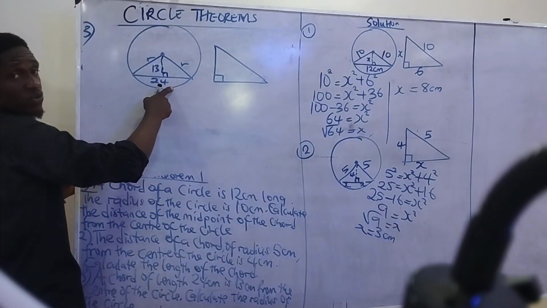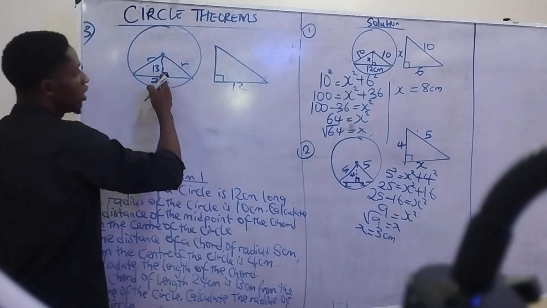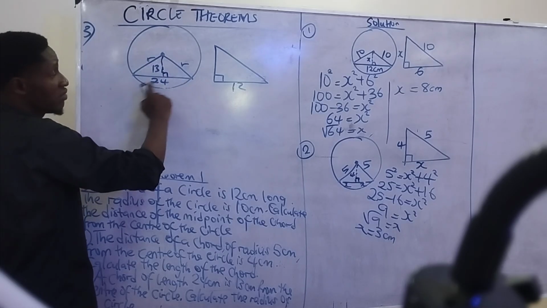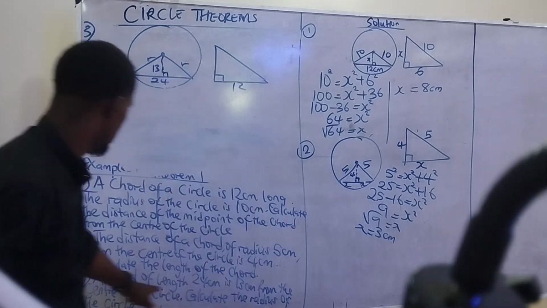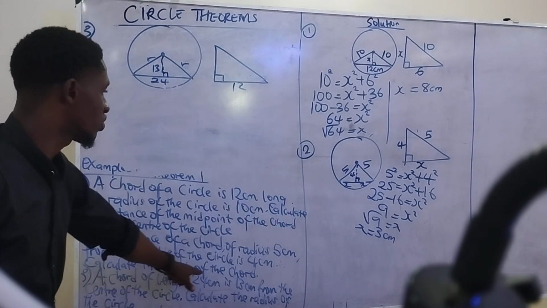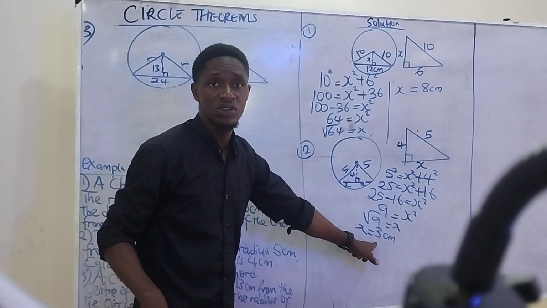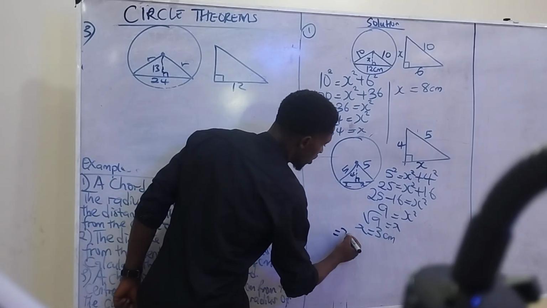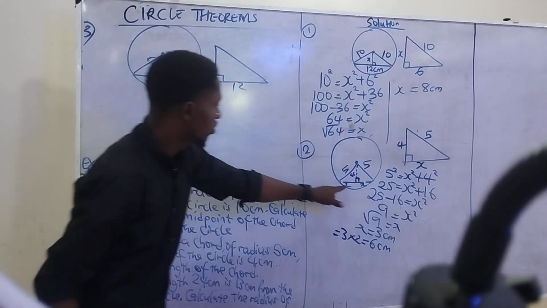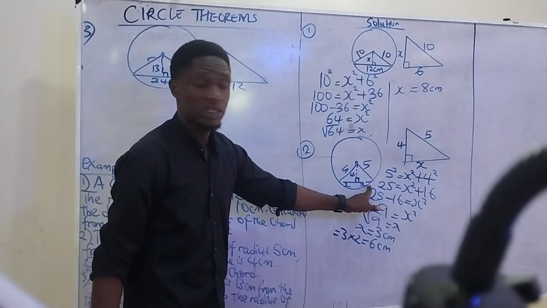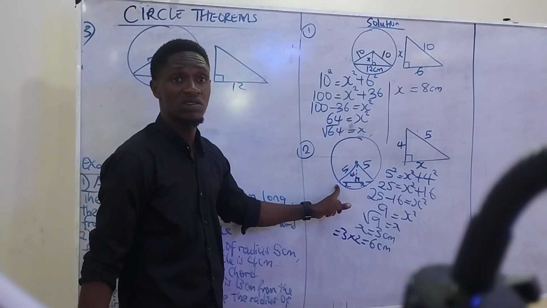So half of 24 is 12. Remember, this line will bisect any value that is here. First of all, going by this one, 3 cm, remember that we are told to calculate the length of the chord. So the length of the chord is not 3 cm. It's supposed to be 3 times 2, which is 6 cm. Because from here to here is 3, from here to here is also 3, making it 6.